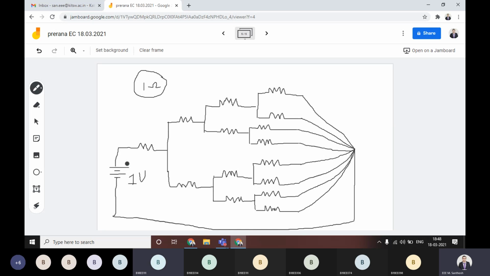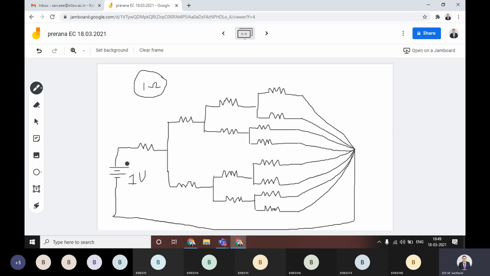Sir, at what point, sir? That's what the question, you understand. What is the current supplied by the 1 volt source when each resistance is 1 ohm? You note it down there. You read this. From this you have to understand at what point you have to find.